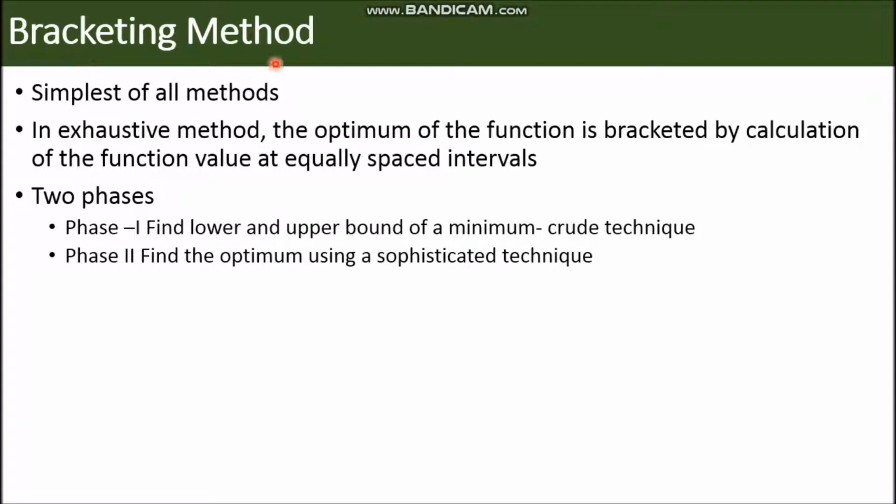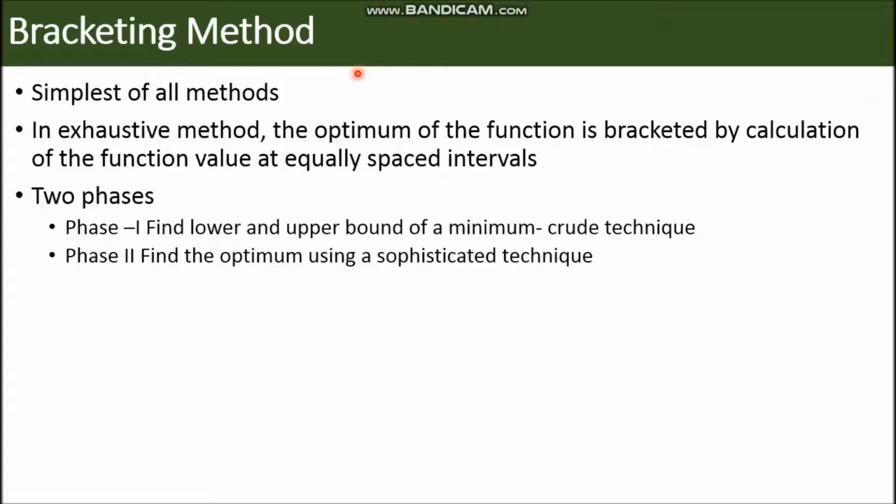Bracketing method is one of the simplest of all methods, and it is used to find out the optimum. It may be either a maximum or minimum within a given function by breaking the function into equally spaced intervals and substituting the value of x in that function. It consists of two phases.